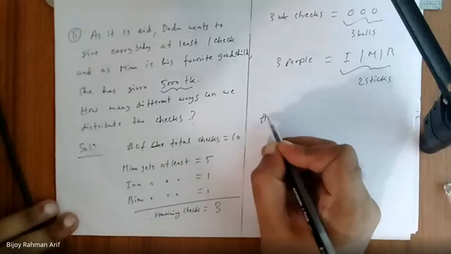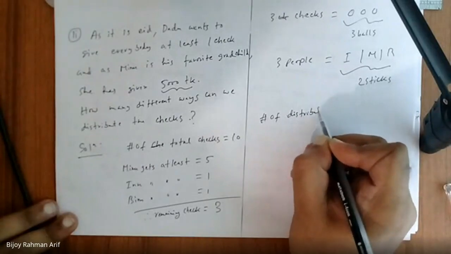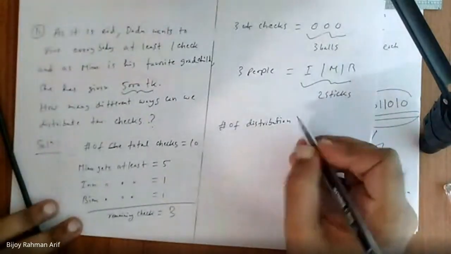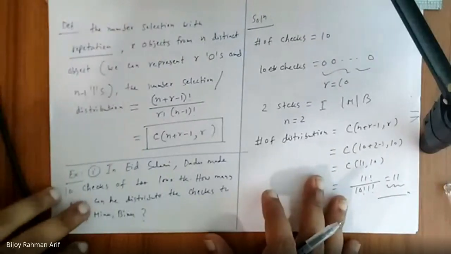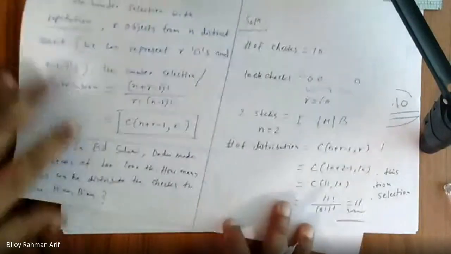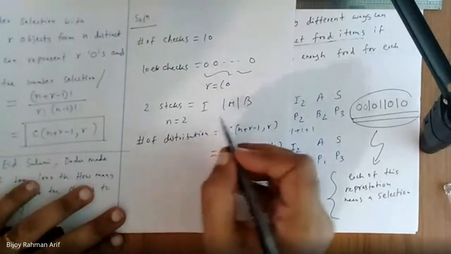So number of distribution is equal to C(n plus r minus 1, r). Oh, I'm sorry. I made a mistake. এখানে মাইনাস হবে না, কারণ এই পুরোটাই হচ্ছে 3 minus 1.